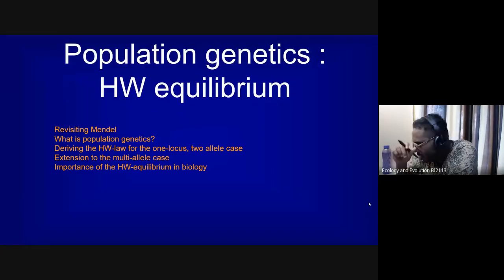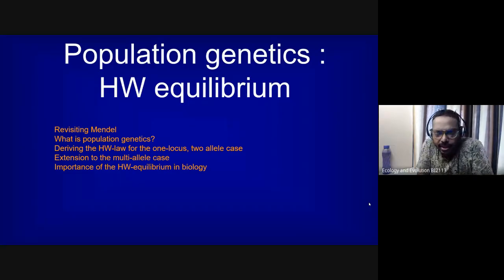So if you remember, I said that there was one major issue with Darwin's work, and that issue was that he didn't have a good, credible mechanism for inheritance. And that issue gets resolved when Mendel comes into the picture. Mendel essentially gave a particulate theory of inheritance, which basically meant it was not blending.